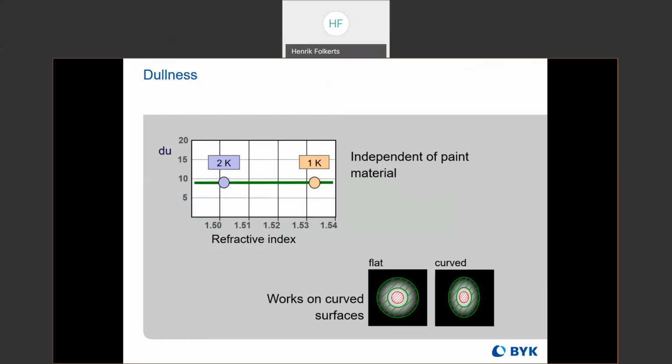You can measure different paint systems with different refractive indices and get comparable results. The other benefit is that it works equally well on curved and flat surfaces, which can be an issue for gloss measurement, but not for dullness.